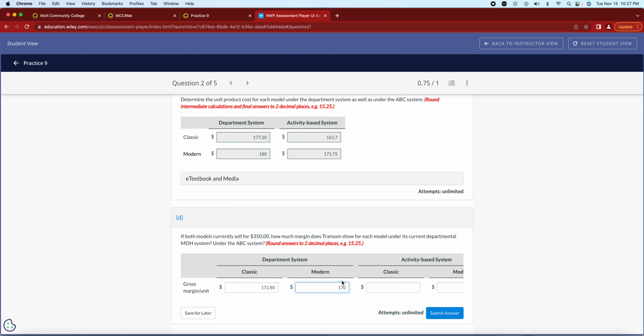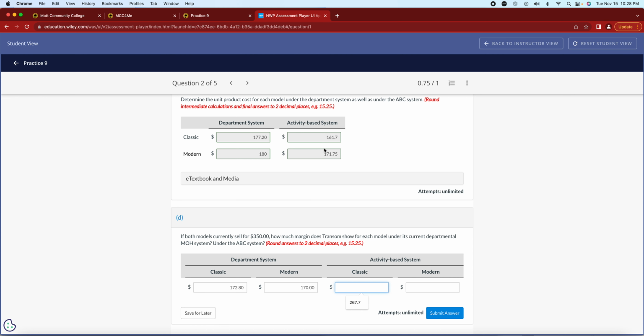For the activity-based costing system, 350 minus 161 should give us 188.30. Oops, I didn't switch over. 170.